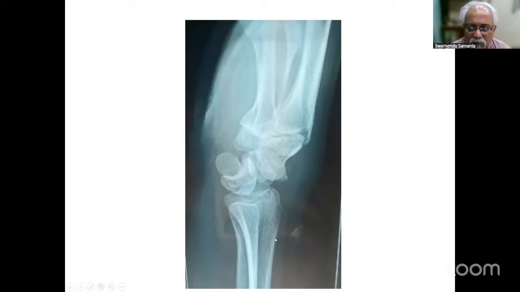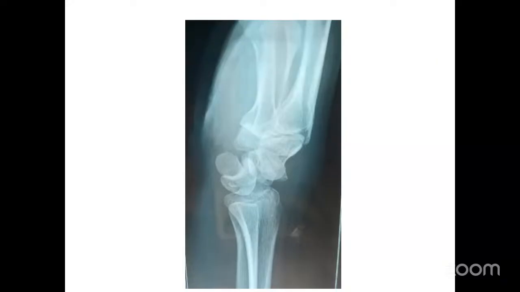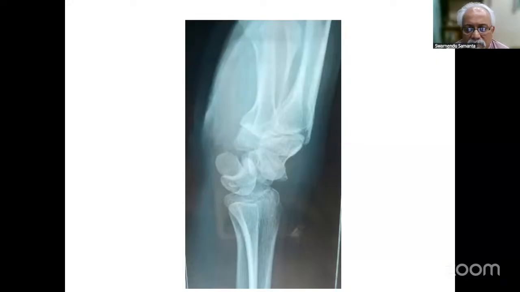Then I will give you one leading question. Suppose there is a lunate dislocation. What is the first thing that we will check in the emergency? What is the first thing in the lunate dislocation or this perilunate dislocation? What is the first thing that you will check in your casualty or emergency? Okay, so what structure passes near lunate? As we asked you during the posterior dislocation of the hip, I am giving this much of hint.